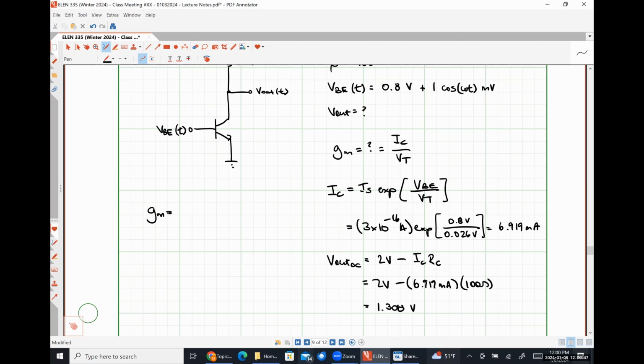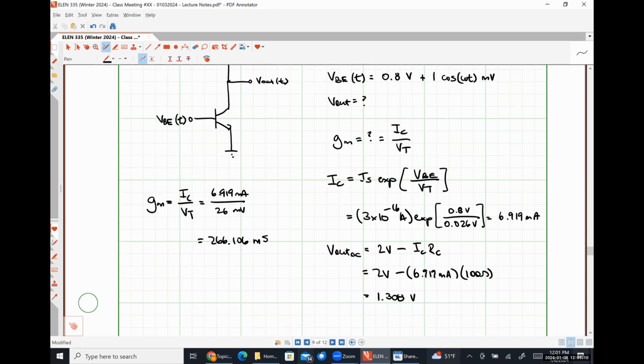our transconductance, IC over VT, is 6.919 milliamps divided by 26 millivolts, which comes out to be 266.106 millisiemens.